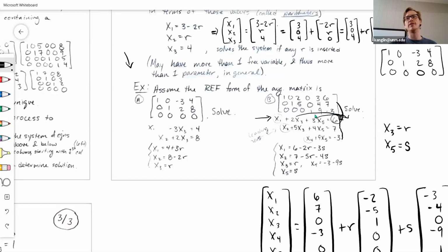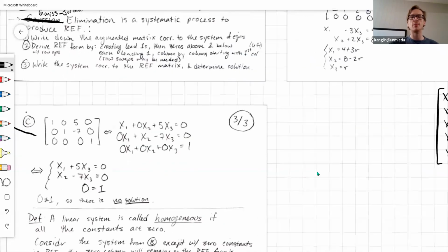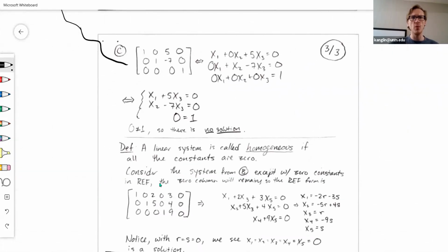This is like our coefficient matrix here. Here's our constants column. Let's put zeros there. That's what this example is saying. When we do that, we get this matrix instead. So if we were to unpack this back into equations, notice we'd have 1 copy of x1, 2 copies of x3, 3 copies of x5 equals 0 now.